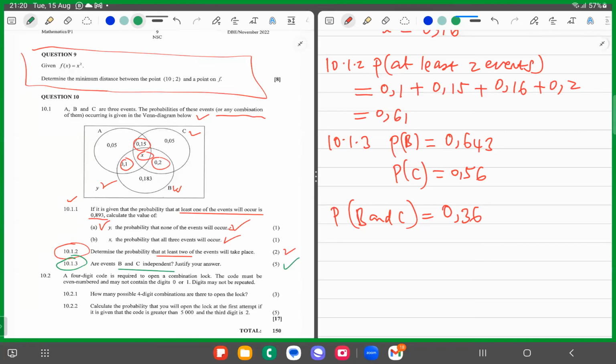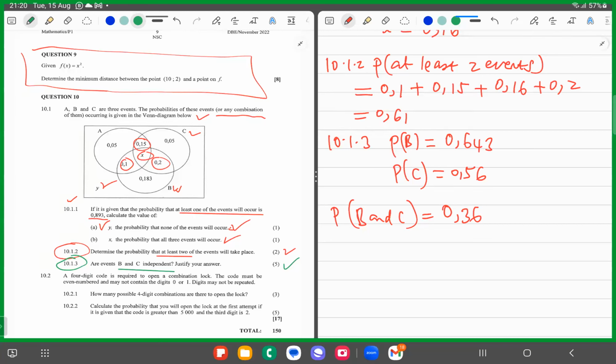If you add everything in the B and the C regions, you get exactly 0.36. Okay, right.